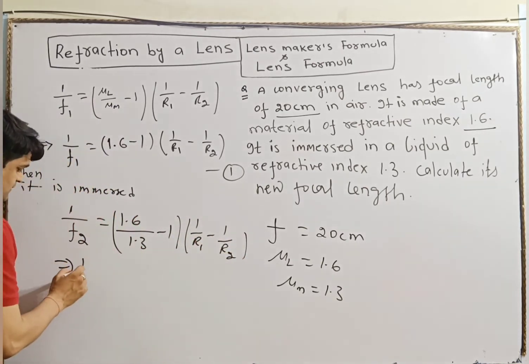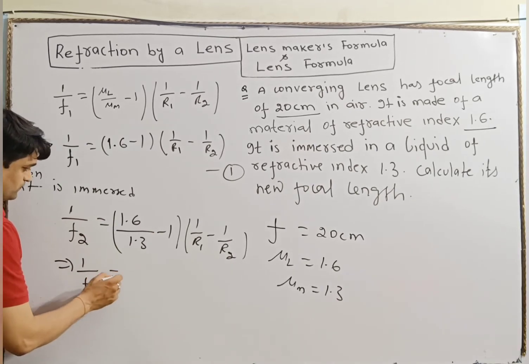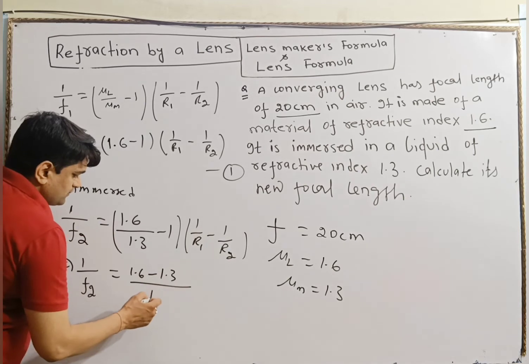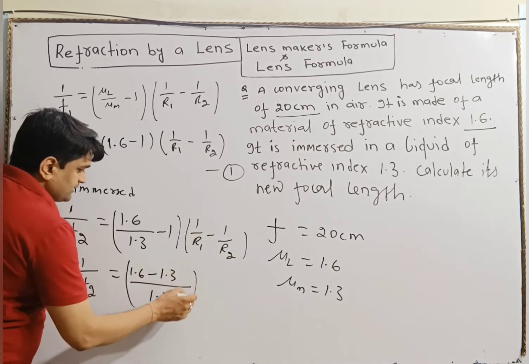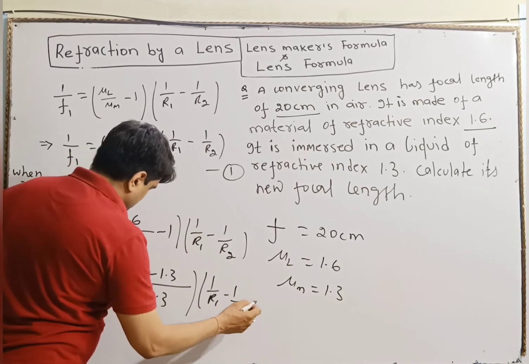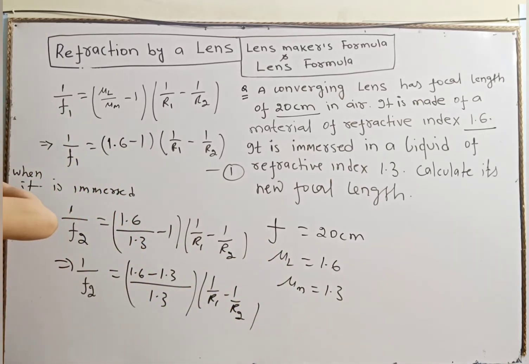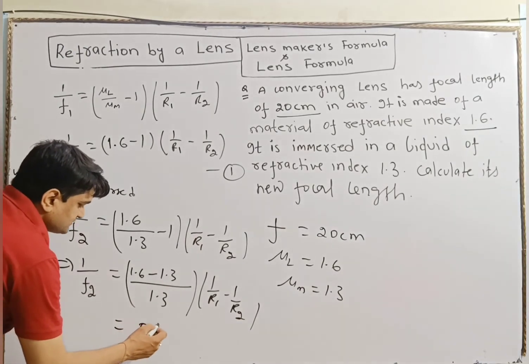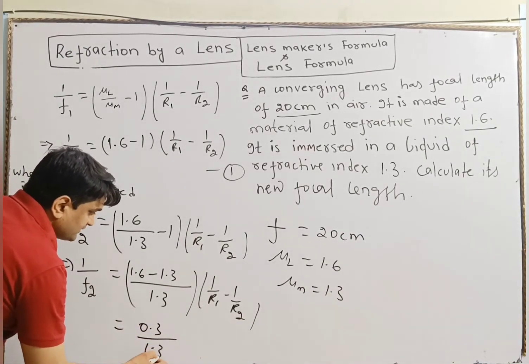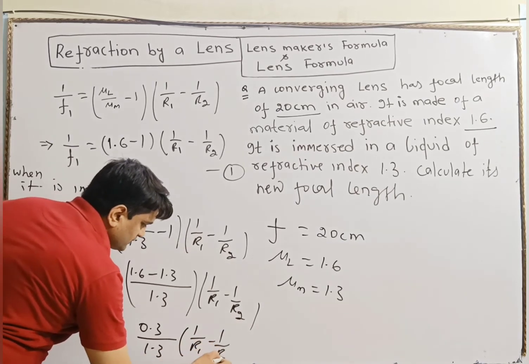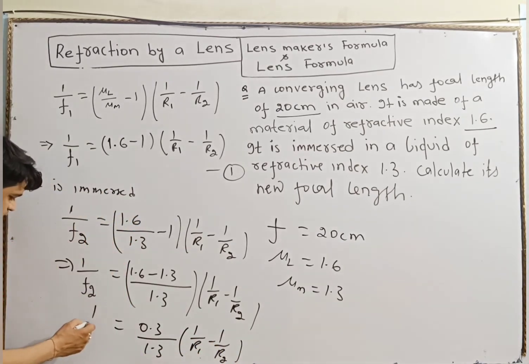Let's solve it. 1 upon F2 will be (1.6 minus 1.3) upon 1.3 into (1 upon R1 minus 1 upon R2). It comes as 0.3 upon 1.3 into (1 upon R1 minus 1 upon R2), and that is 1 upon F2. Call this equation 2.